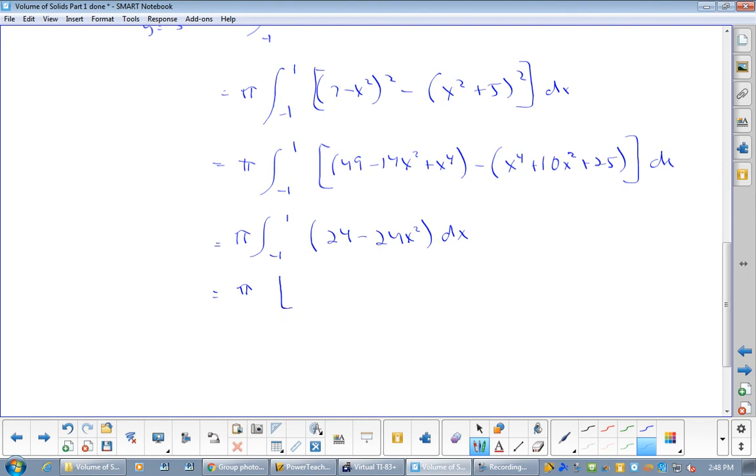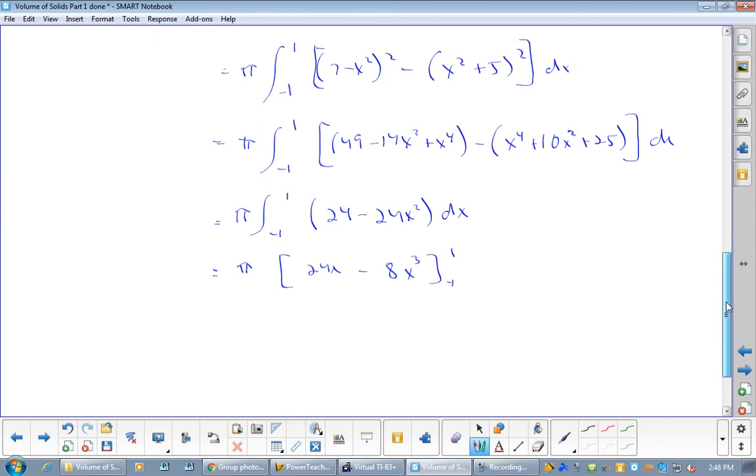Now I'm going to do my integral: 24x minus 24 over 3, which is 8x cubed, from -1 to 1.